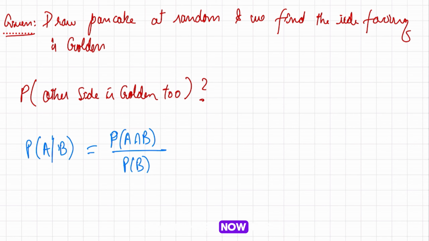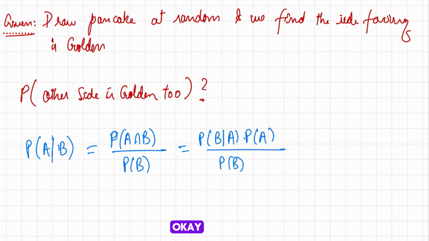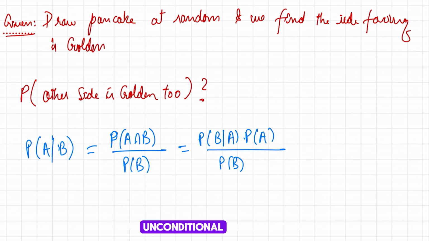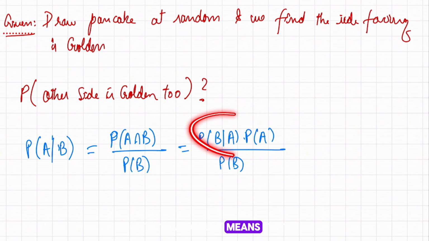Now this can also be written like this. What I did is translate this formula to this, because if you take the unconditional probability of event A happening and multiply it by the conditional probability of event B happening given A has already happened, that means you're making sure both A happens and B happens.